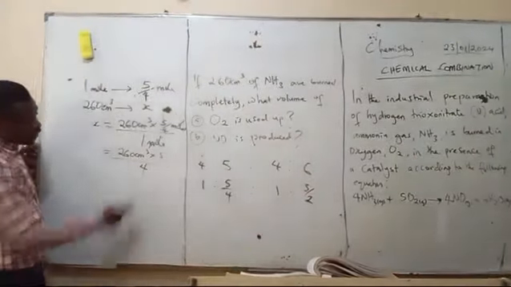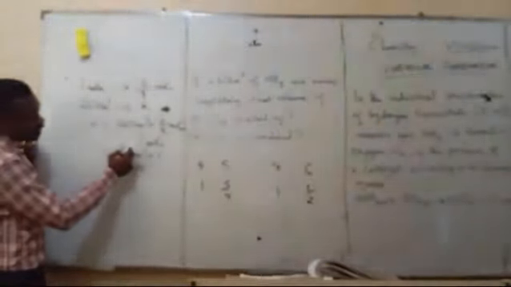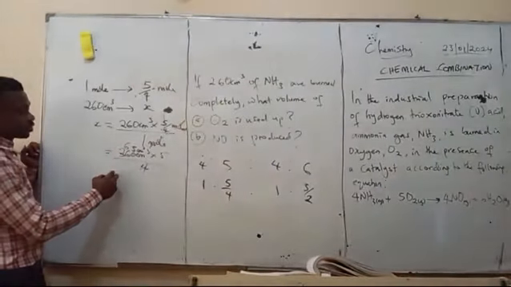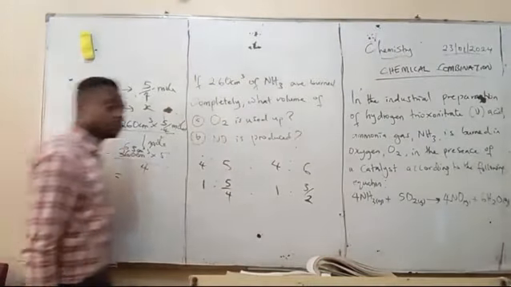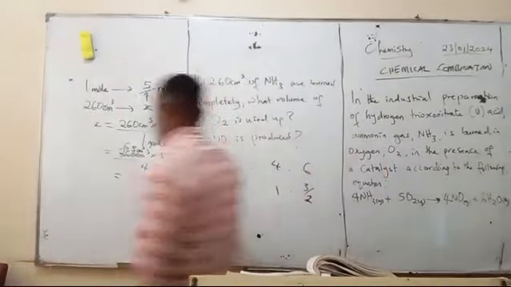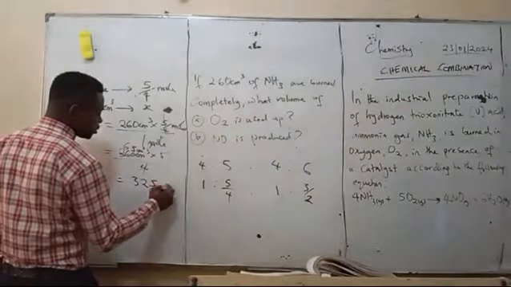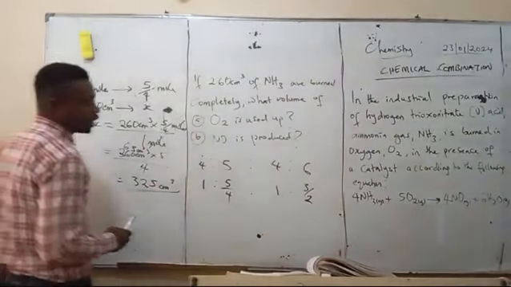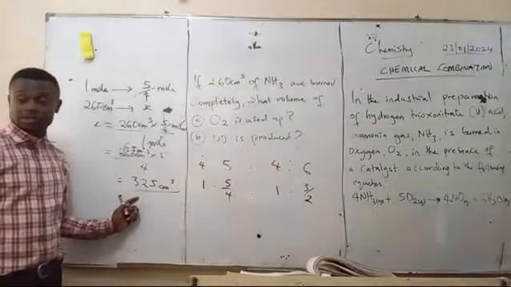So if you divide 2, 4 divide 260, 2 divide 260 is 130. Therefore 4 divide 260 is 65. This is 65 cm³, right? So 65 times 5 is 325. Don't punch the calculator. 65 times 5 is 325 cm³ of which gas is used up?